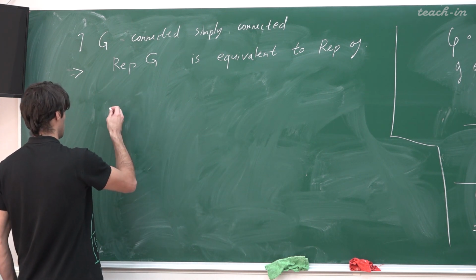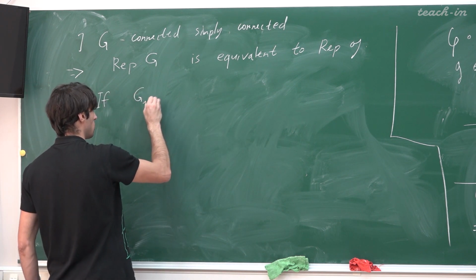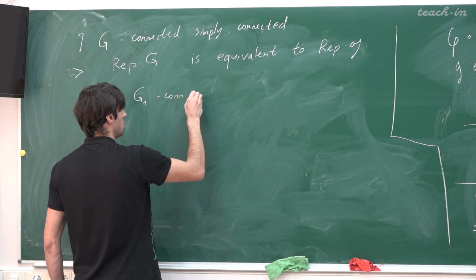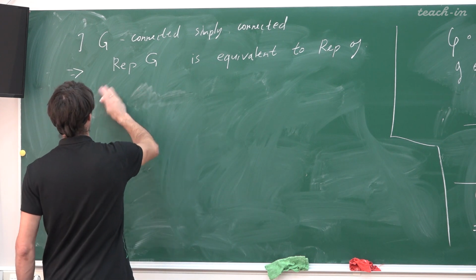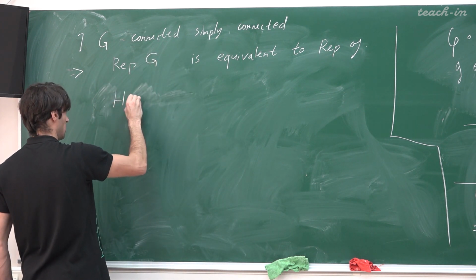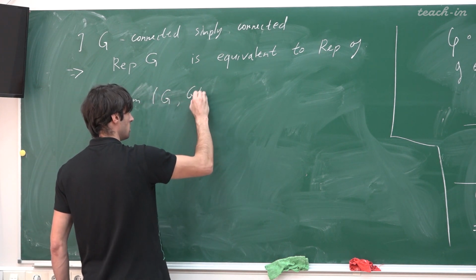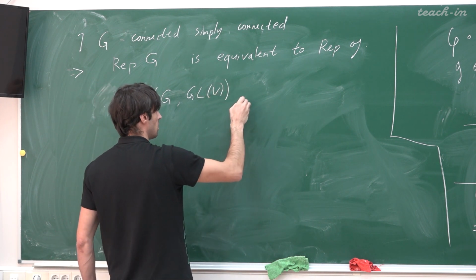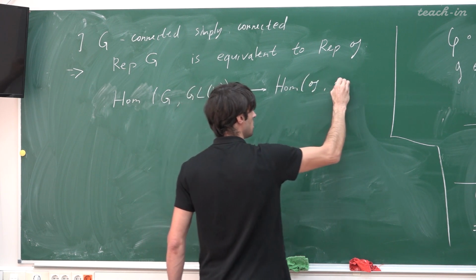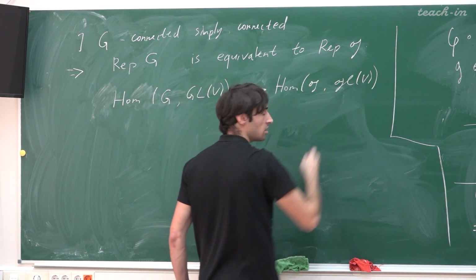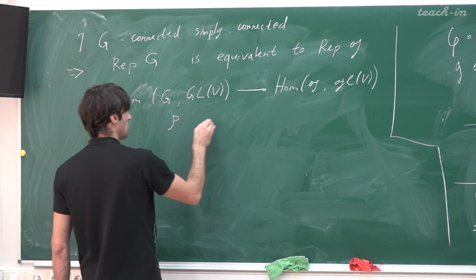Okay, so let's recall it. If G is connected, maybe even in this setting without generalities, I have Hom(G, GL(V)) to Hom(g, gl(V)), and I send rho to d rho.